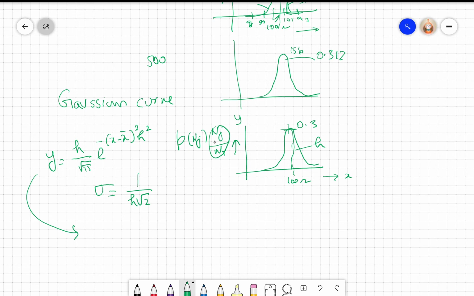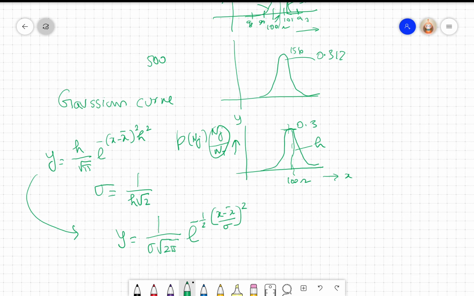So now I can rewrite this as the same equation in terms of y equal to 1 by sigma into root 2 pi, e power minus half into ((x minus x bar) divided by sigma) whole square, right?